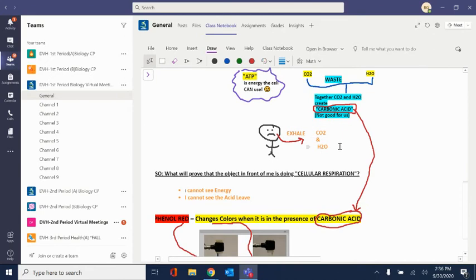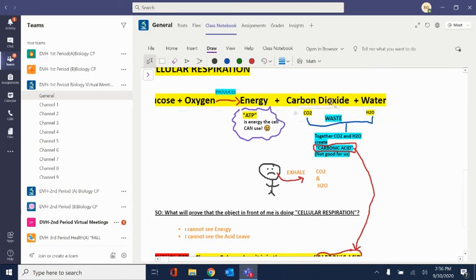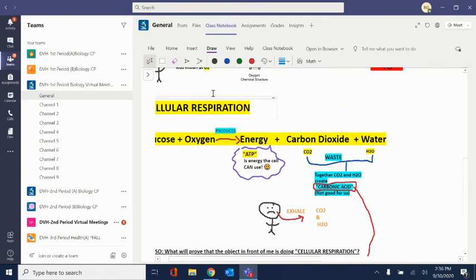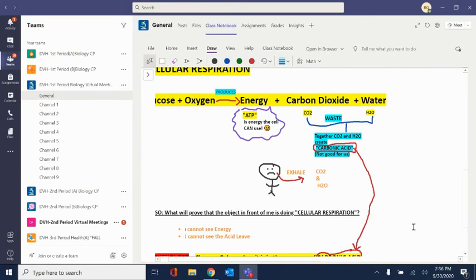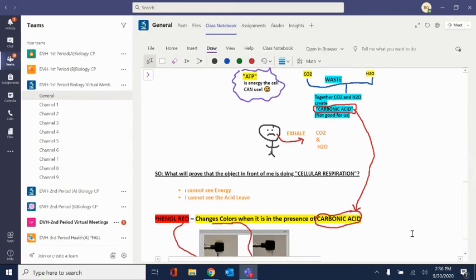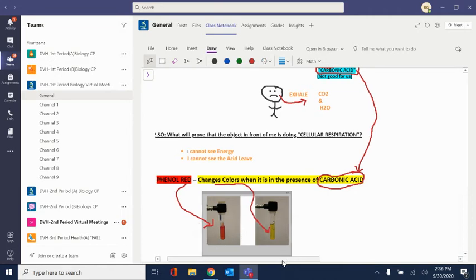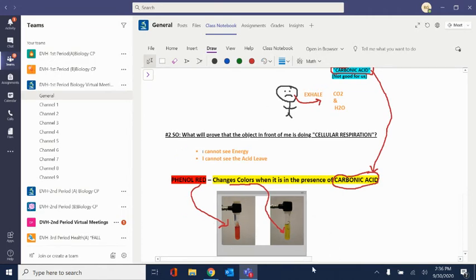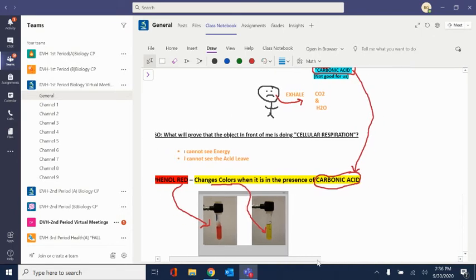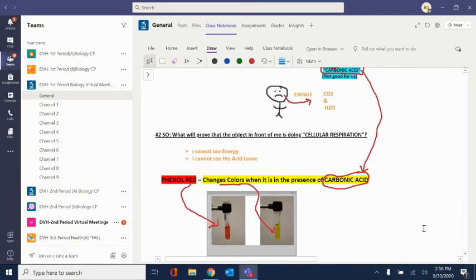If I know that a living thing will produce this carbonic acid when it goes through cellular respiration, then I can infer that if carbonic acid is released from a living thing in the presence of phenol red, the phenol red will change colors from red to yellow, and then I'll know whether or not it's living. So that's what our whole experiment in class is going to be about.